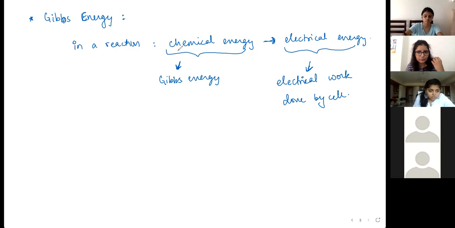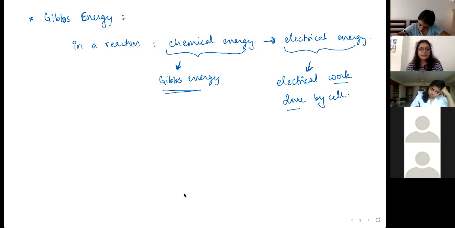The chemical energy available for doing this work is your Gibbs energy, and the electrical energy it is being converted to can be interpreted as the electrical work done by the cell. Electrical work done means work done in moving the electrons. That's electricity.